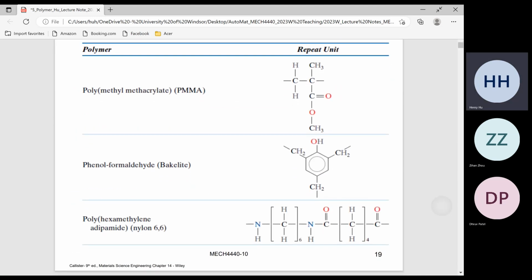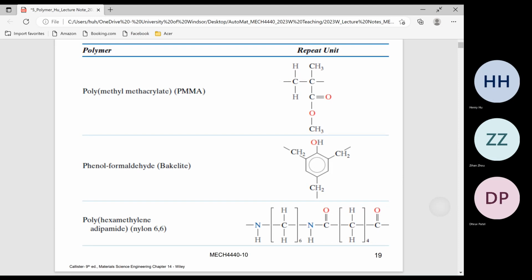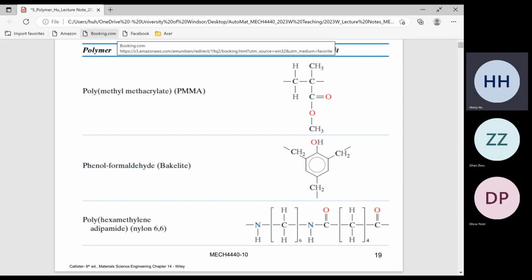So for the polymer with a complicated repeat unit, one of them is called polymethyl methacrylate, PMMA in short form.